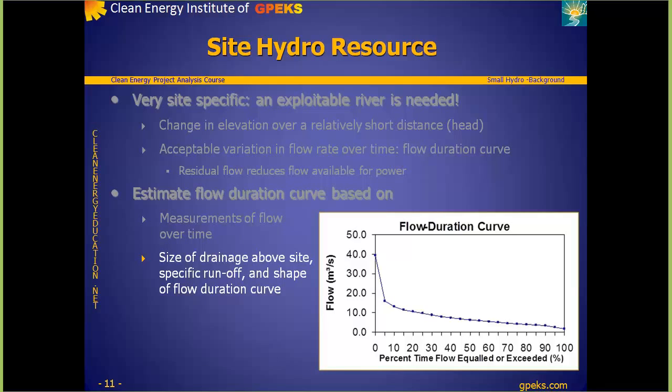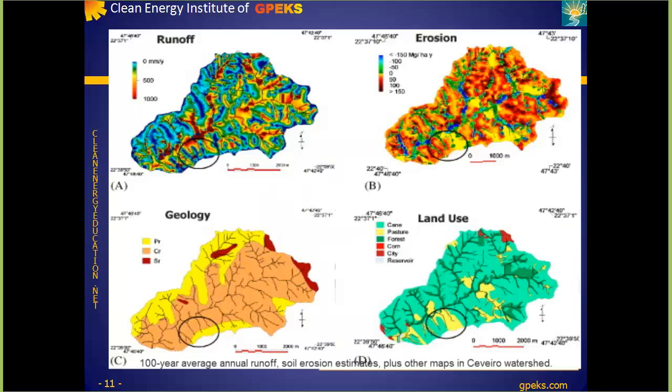Then the specific runoff, or mean water flow off a unit area of land, must be found for that drainage area. This can be determined from maps that classify geographical areas according to their runoff. The product of the drainage area and the specific runoff gives the mean flow.